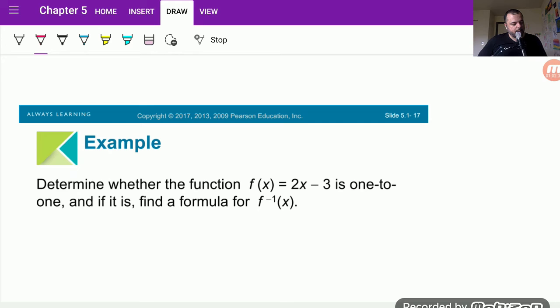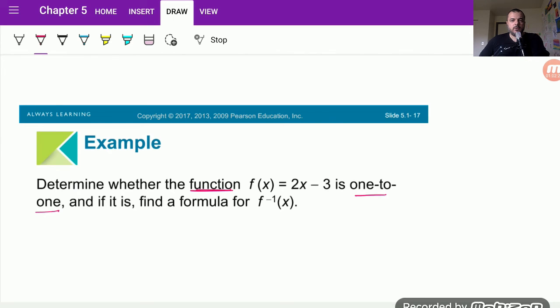So here we go, the first example. f of x equals 2x minus 3. We need to determine whether it is a one-to-one function or not.